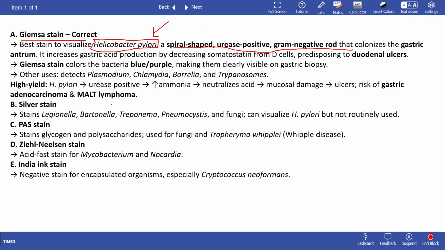They also can describe this organism as being comma-shaped, like a comma.